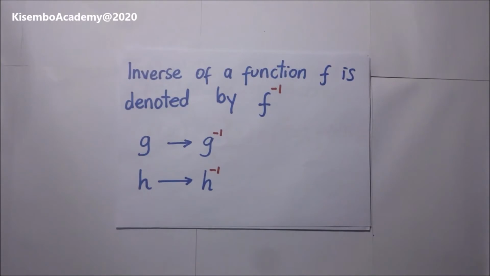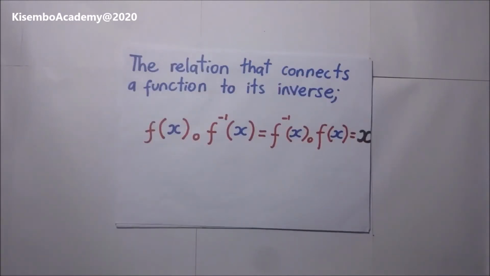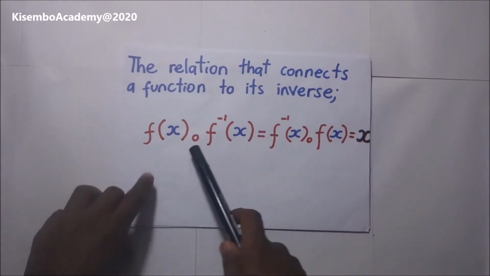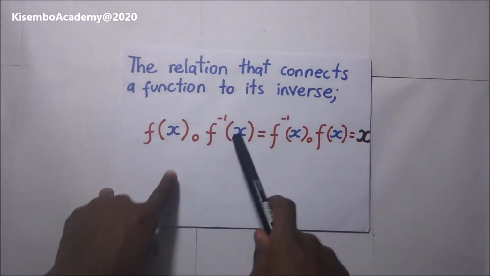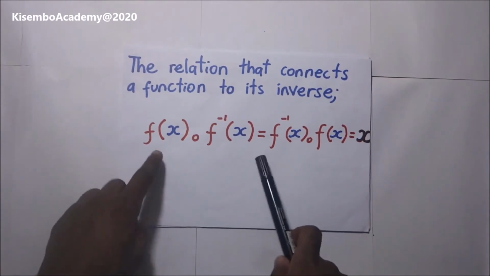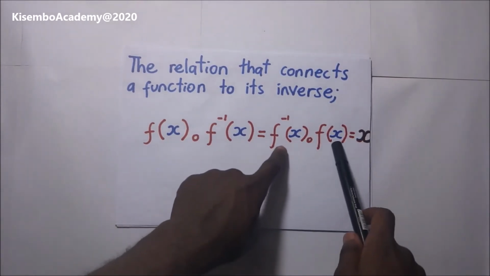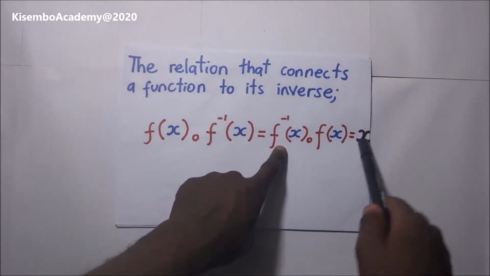For a function to have an inverse, it is supposed to satisfy a certain relation. If that function is composed with its inverse, the result is supposed to be equal to x.